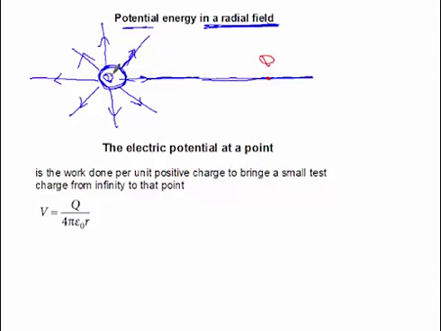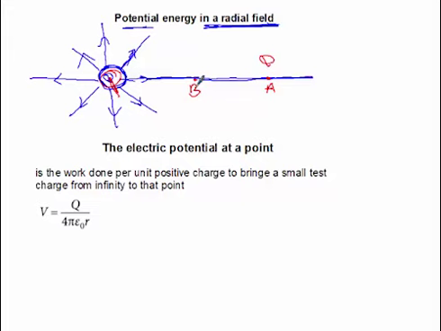This is the small, and this is the big charge. Now, this is at point A. And for example, if we have this is A and this is B, let's compare which point has the greater potential.